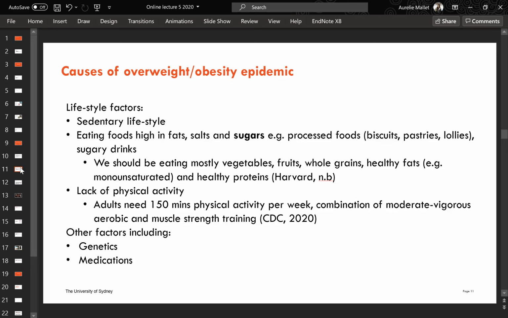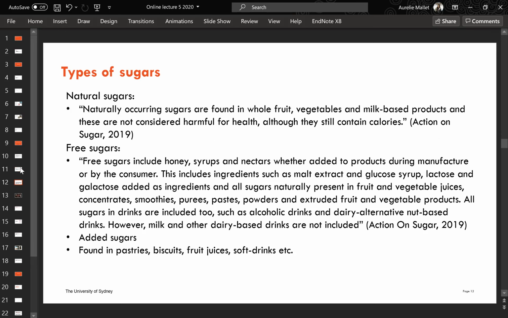Okay, so now we said that eating excess foods high in sugars was contributing to the overweight obesity epidemic, but what we also need to think about is that there are different types of sugars. Some sugars are better for us than others. So we can divide sugars into two kinds of sugars, naturally occurring sugars.